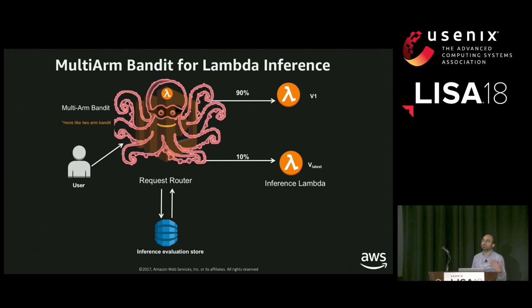You want to dynamically understand the metrics that are flowing in and be able to change, right? Like maybe as you go through a new model, you only give it 10%, but over time you understand which is the better of the models and traffic shift based on that. And this needn't be one time, right? What you want to have is a mechanism to collect this data, constantly monitor, and then change that.